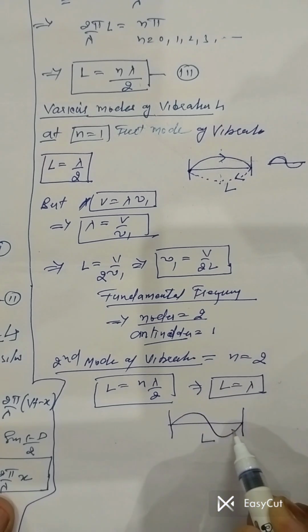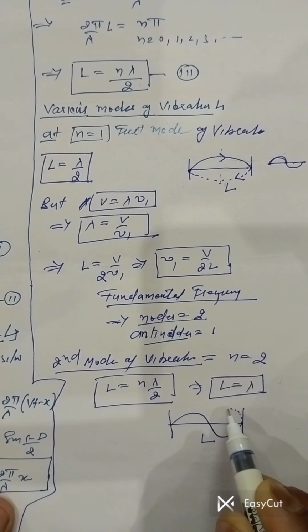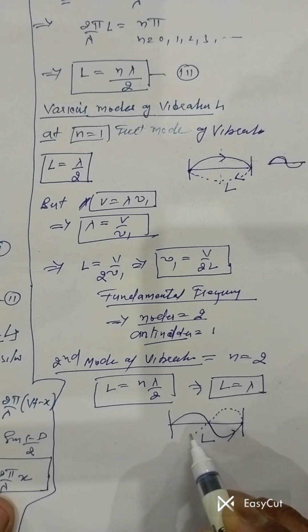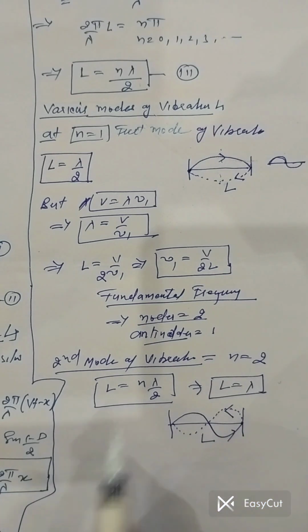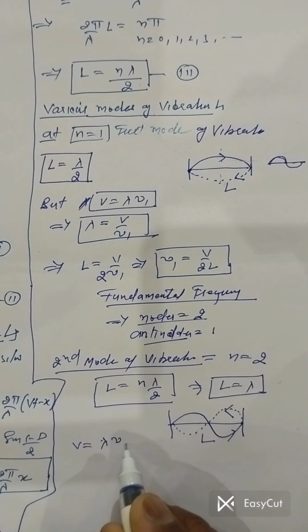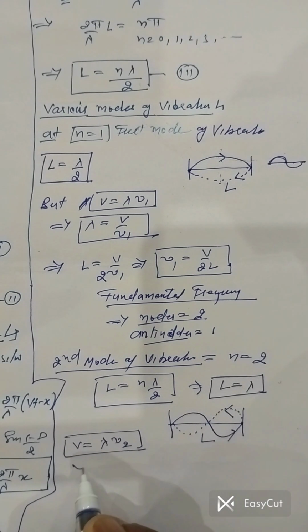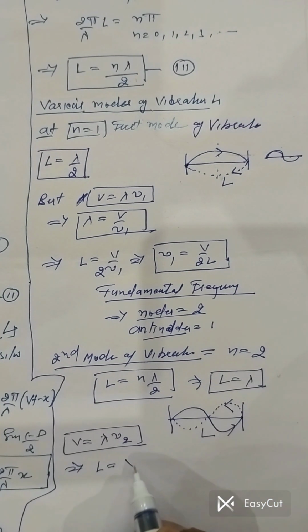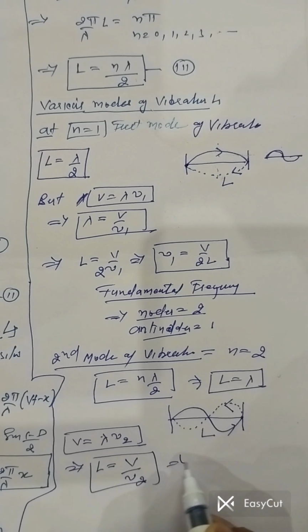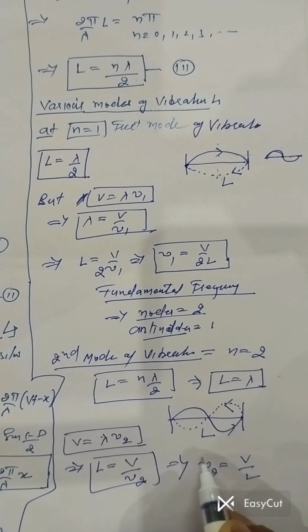This is the incident wave and this is the reflected wave. Now again I will put V is equal to lambda into nu 2. So L is equal to, in place of lambda I can put here V upon nu 2. This implies that nu 2 is equal to V upon L.